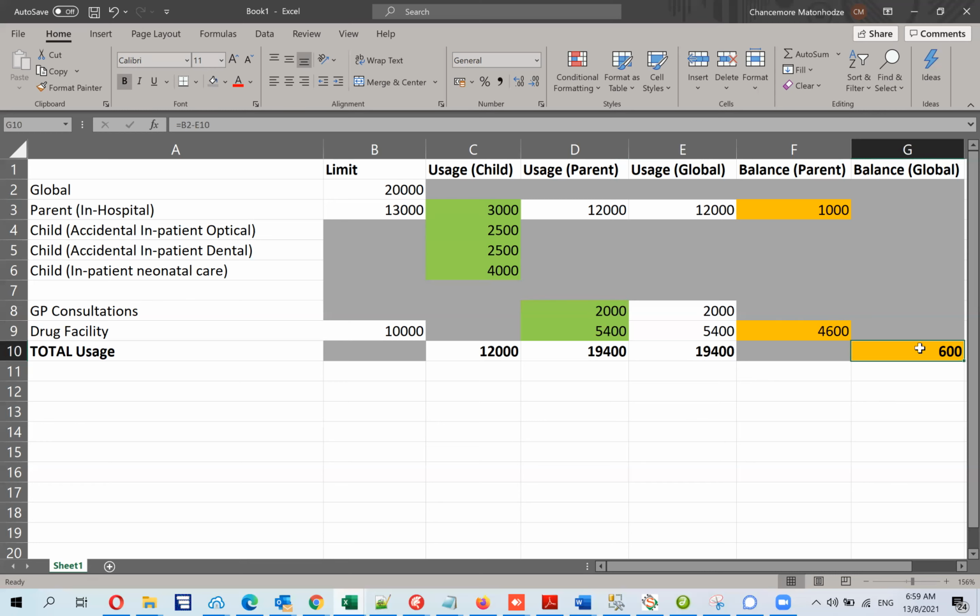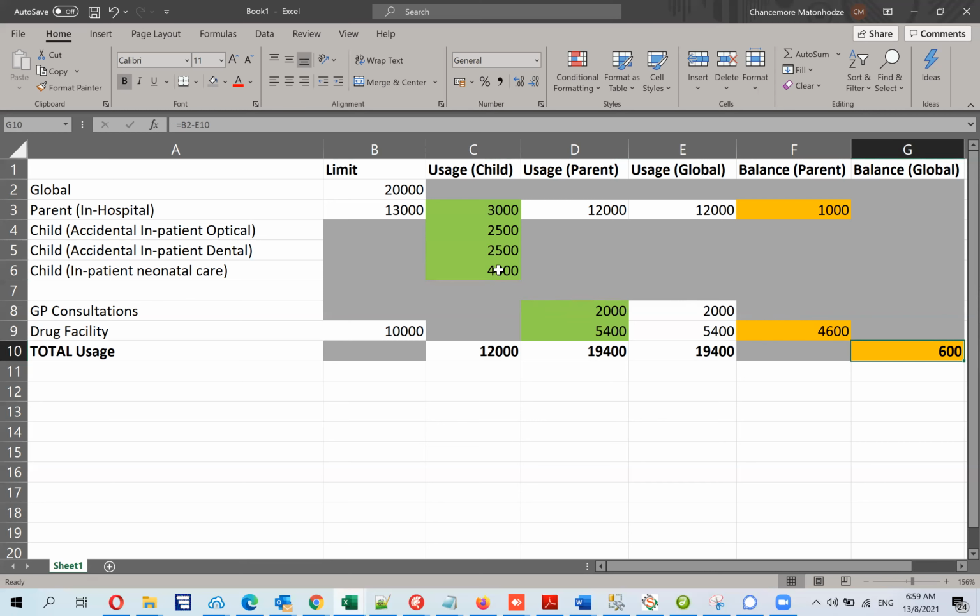So let's suppose a claim comes through, it's supposed to draw from neonatal care. And what's actually being claimed is $1,000. Now, $1,000 would be available in this limit. However, it cannot be awarded because only 600 is left.